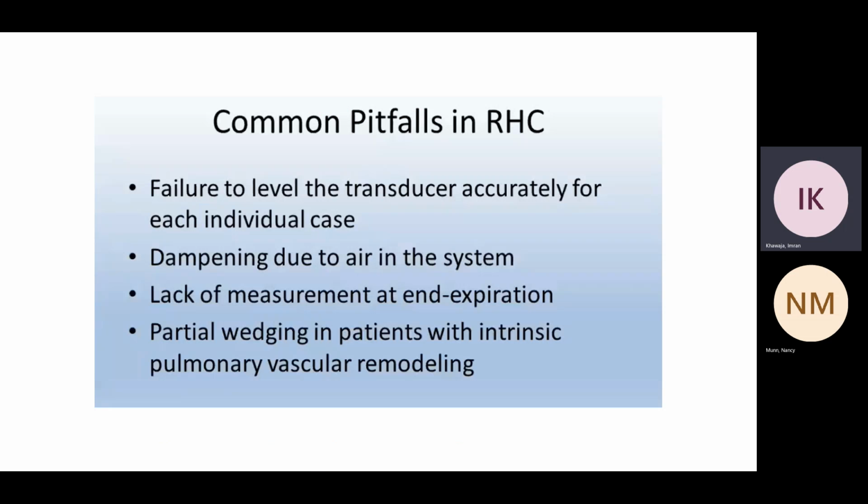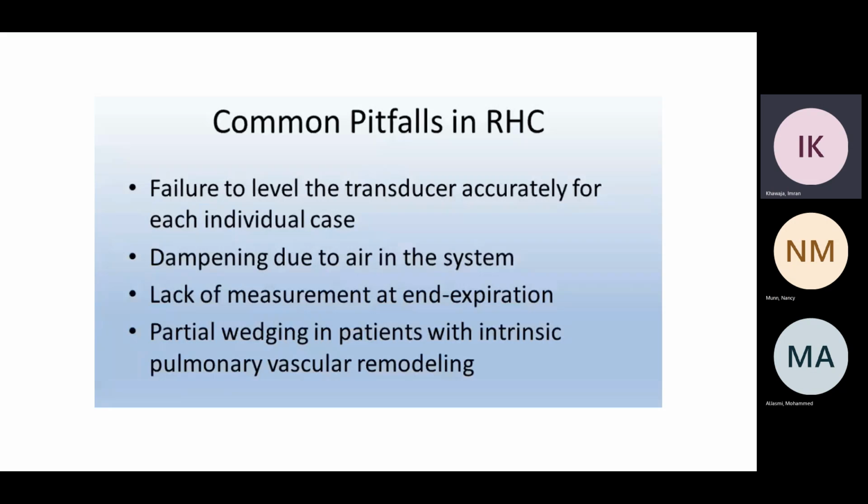To summarize the pitfalls we discussed yesterday: the importance of putting your transducer at the level of your phlebostatic axis. We did talk about how to troubleshoot your system, which can get dampened from air or from kinking or other issues.